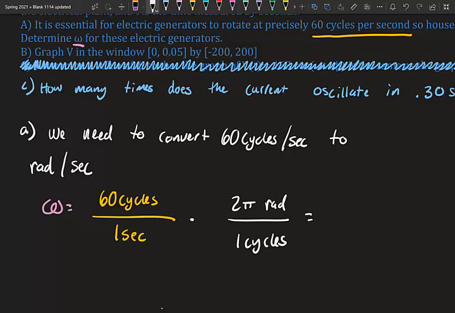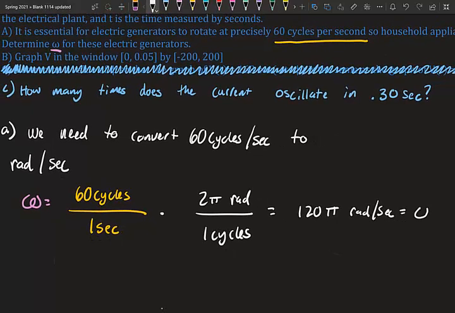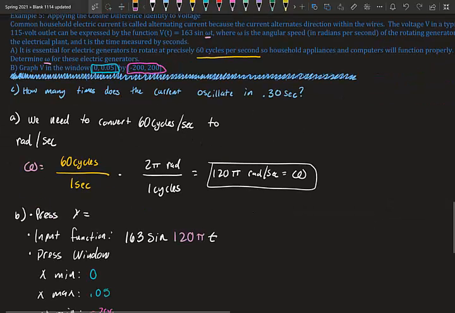And when we simplify that, we get 120 pi radians per second. That's our omega. So reaching back all the way to 3.4, I know it's been a long time, but that's where we're getting this from.